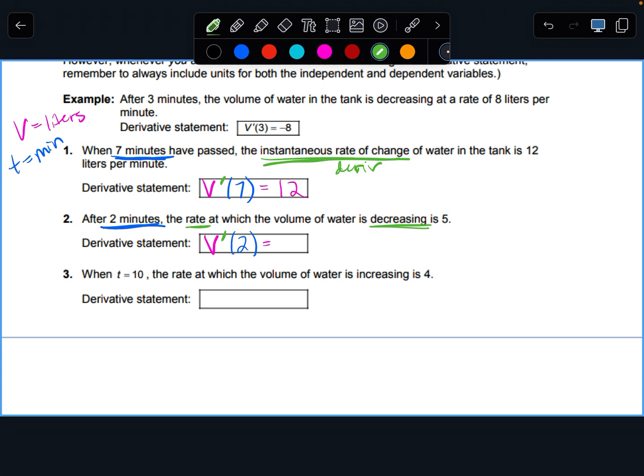But then they said decreasing, so that means you have to write negative 5. Did you get that? Right, so negative 5. And then T equals 10, so you're going to have 10 in there. We're doing rate increasing, so that's all derivative stuff.